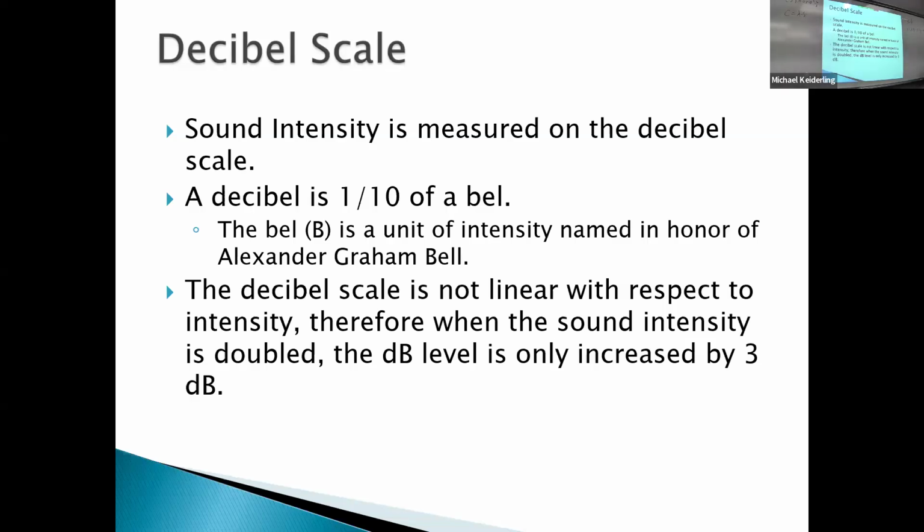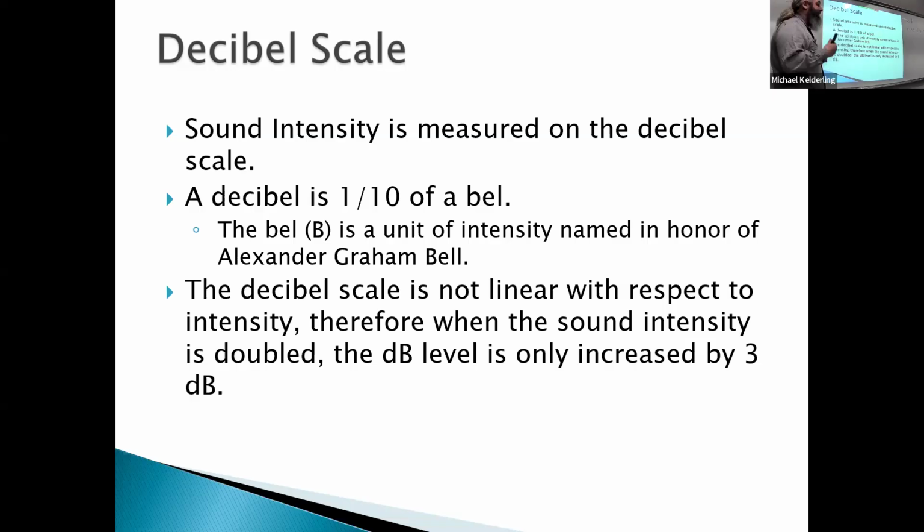It was invented by the telephone company and then named after Alexander Graham Bell. It was originally invented for electronic signals, but the reference signal for sound is the bottom of human hearing. So the bel is a unit of intensity, named in honor of Alexander Graham Bell because it was invented by the company he founded.